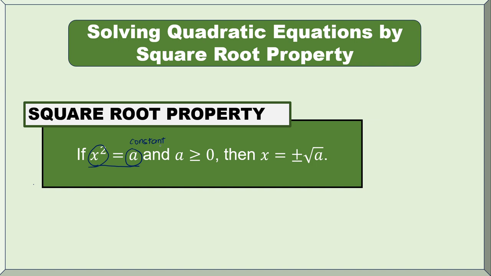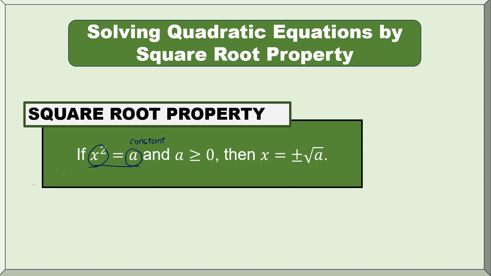And the value of a should be greater than or equal to 0, so we'll get the roots of real numbers. Because if the value of a is less than 0 or negative, the result will be imaginary roots.